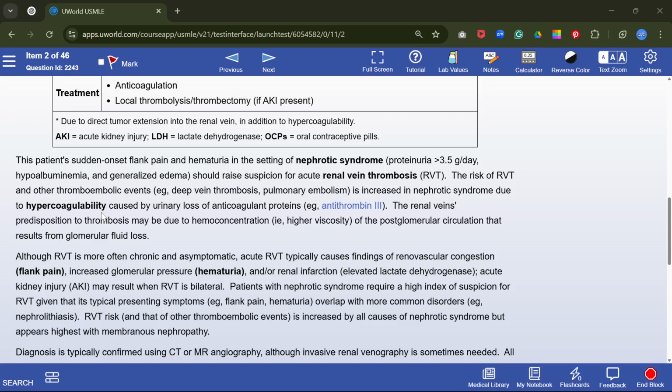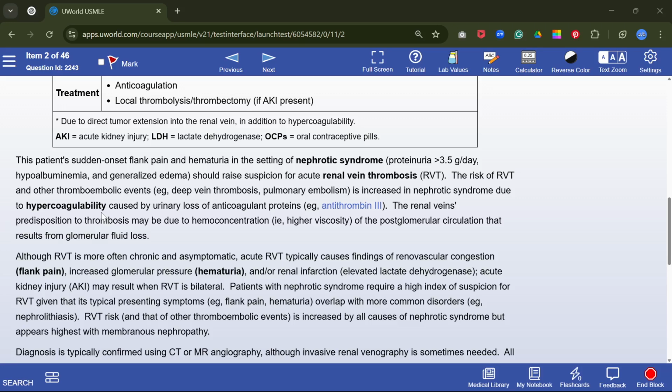The renal veins' predisposition to thrombosis may be due to hemoconcentration and higher viscosity of postglomerular circulation that results from glomerular fluid loss.